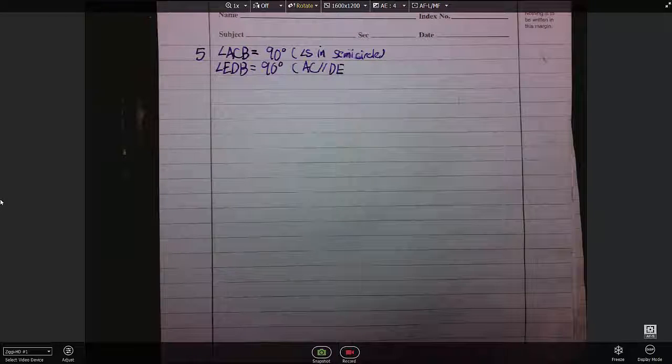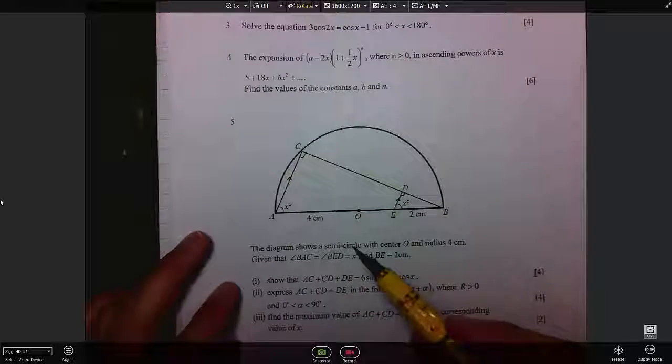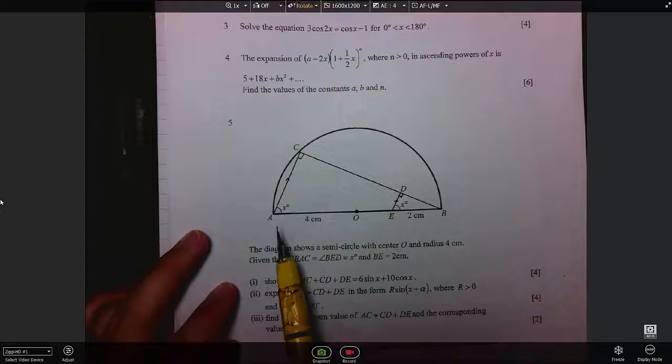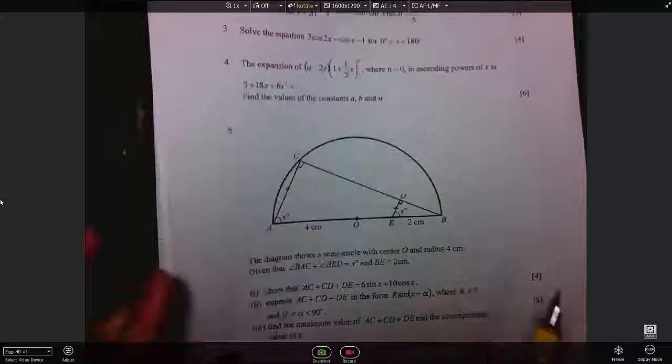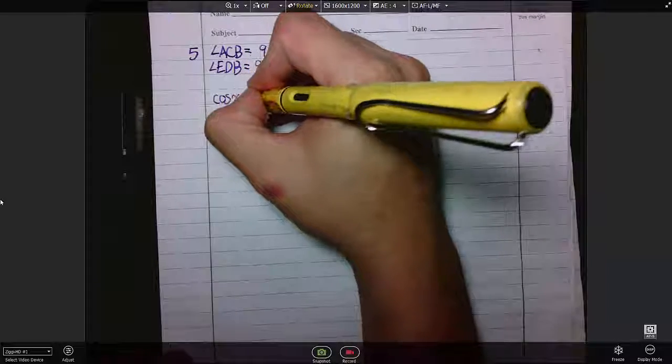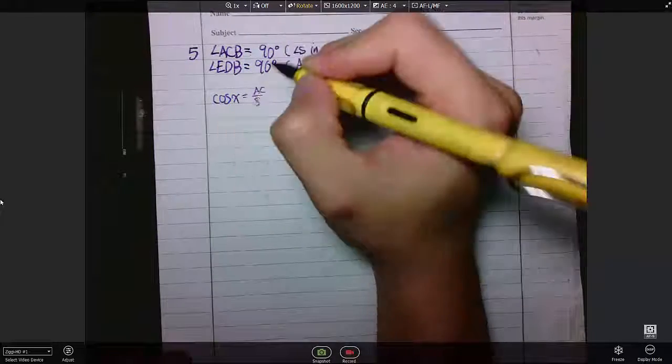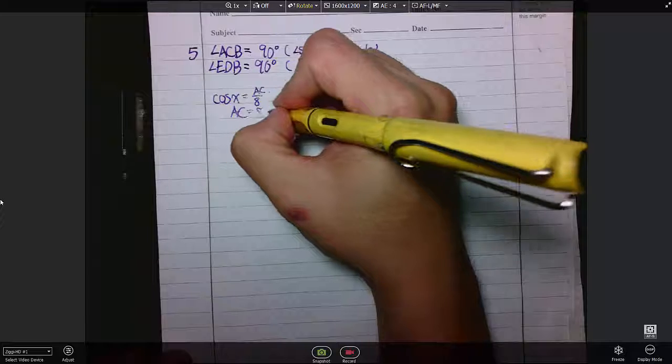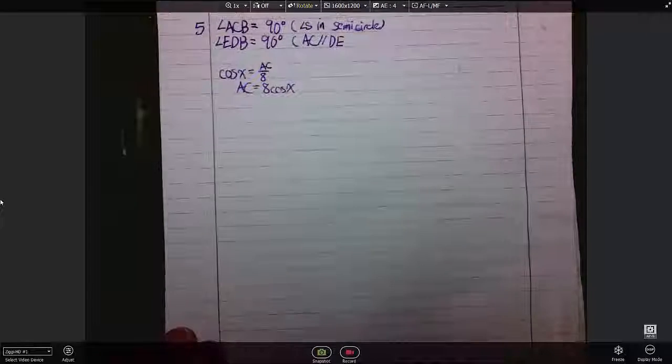Then I'll begin by saying this: if you consider the big triangle ACB, cosine x is AC over 8. So I write cosine x equals AC over 8, so AC is 8 cosine x.